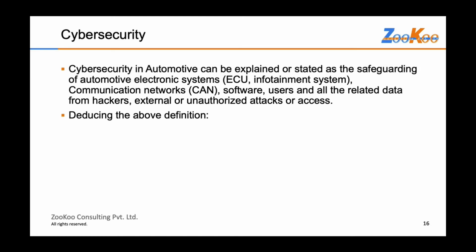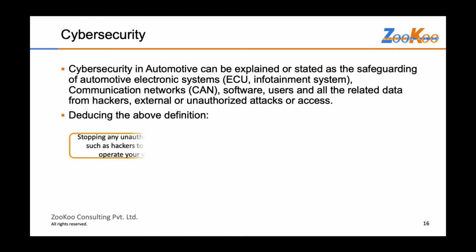Cybersecurity can be explained as the safeguarding of automotive electronic systems, ECUs, infotainment systems, communication networks, software, users, and all related data from hackers, external or unauthorized attacks or access.